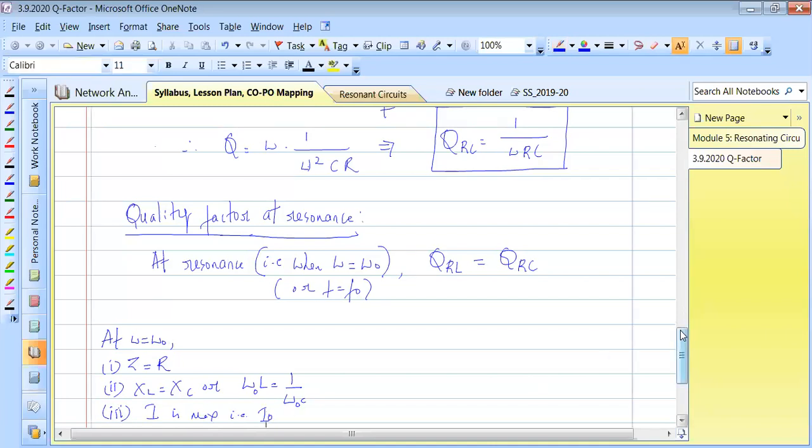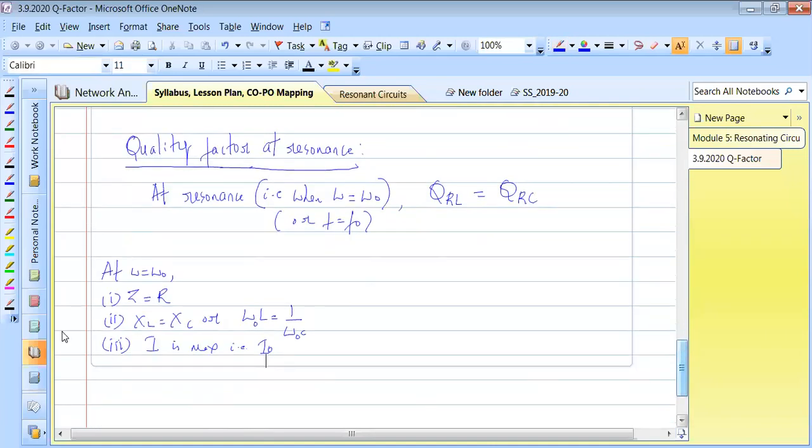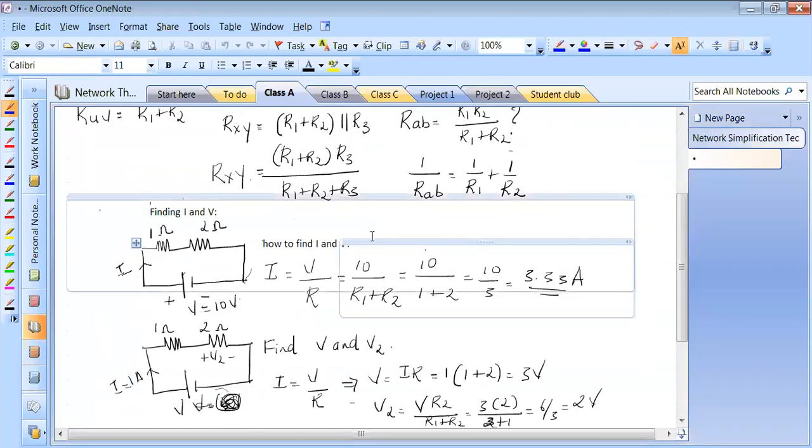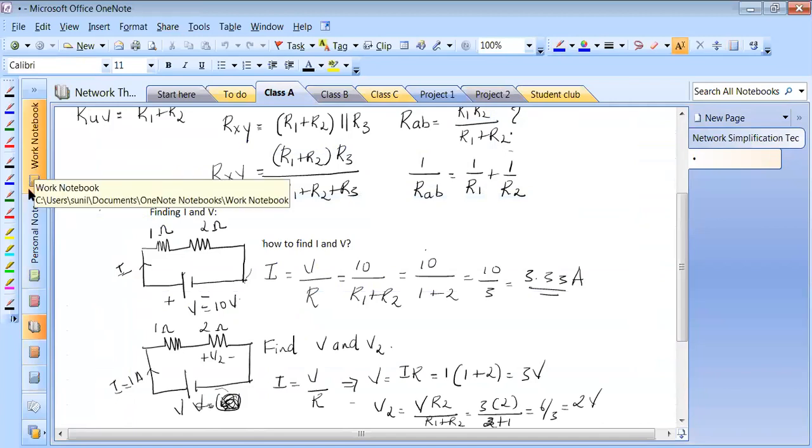Now today we are coming across another condition.